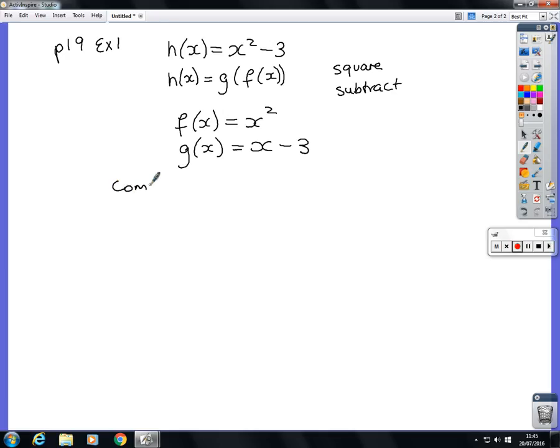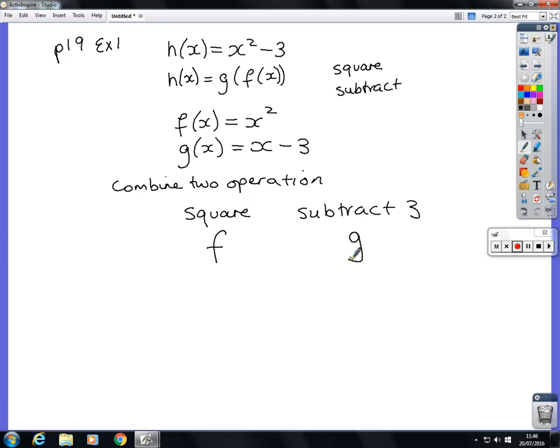So if we combine two operations, square first, then subtract 3. This is it written in words. The first function would be the square, that's function f. The second function is function g, which is subtract 3.